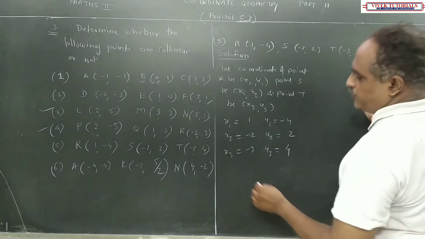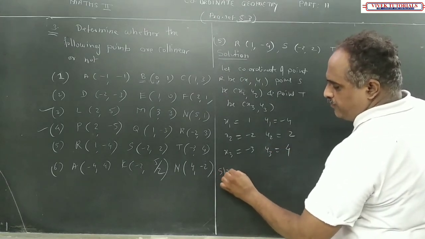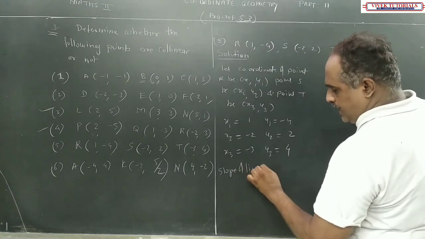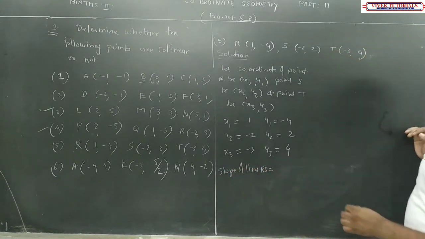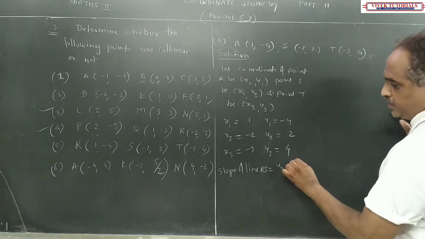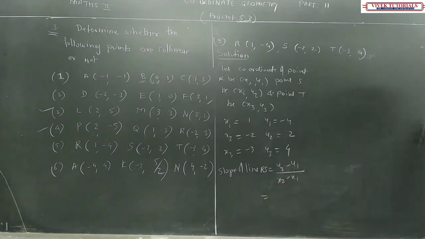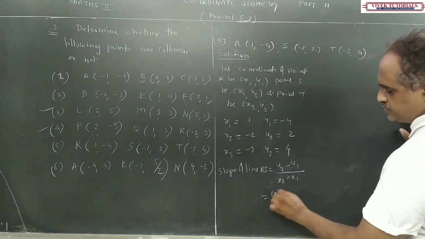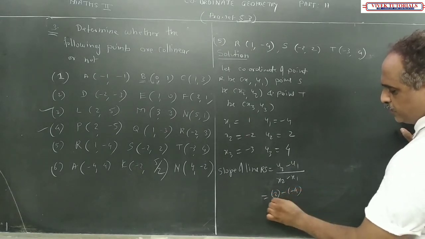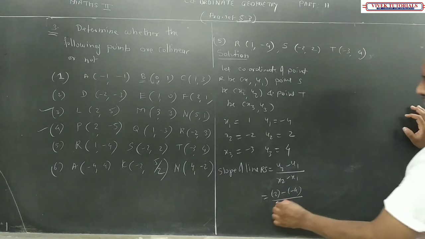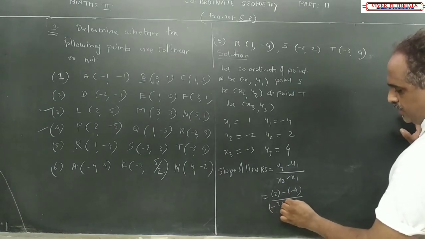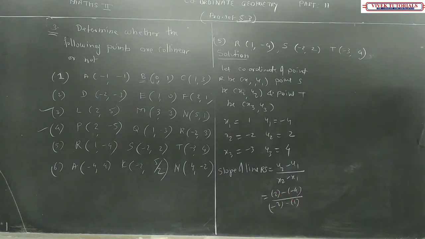So first of all, you are going to find the slope of line RS, which is equal to (y2 - y1) upon (x2 - x1). y2 is 2 minus -4 upon -2 minus 1.